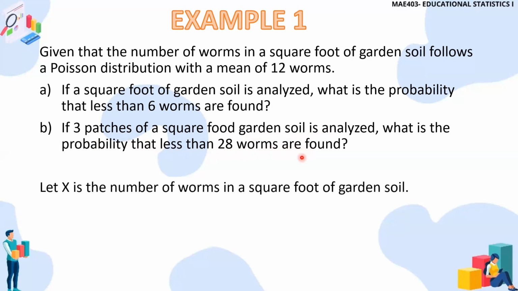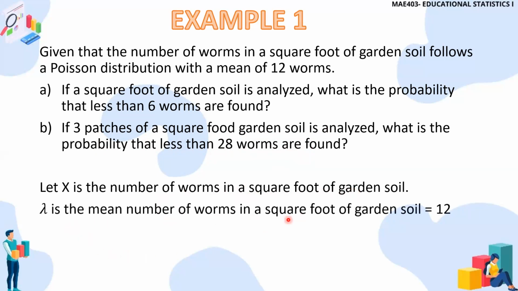So first, let X be the number of worms in a square foot of garden soil, and lambda, the mean number of worms in a square foot of garden soil, is equal to 12. So X Poisson distributed with lambda 12 is approximately normal distributed with mean 12 and variance also 12.